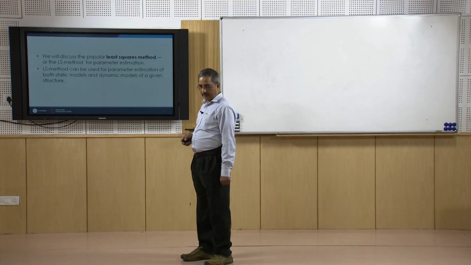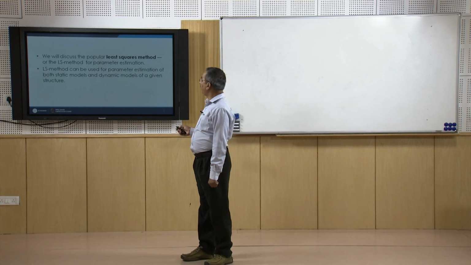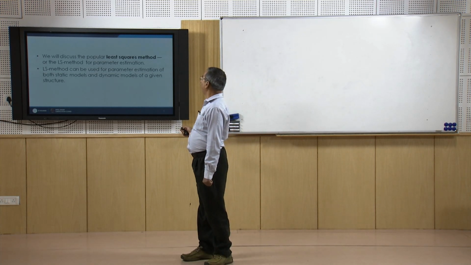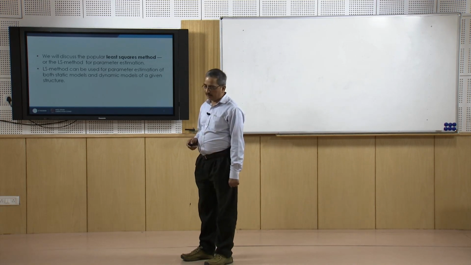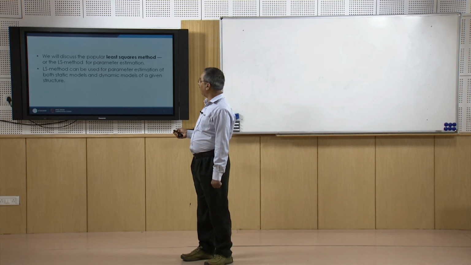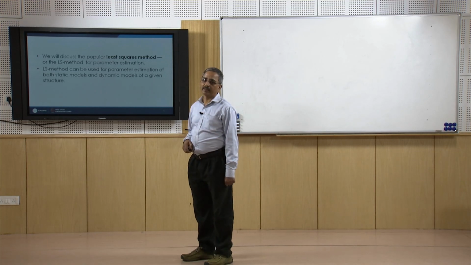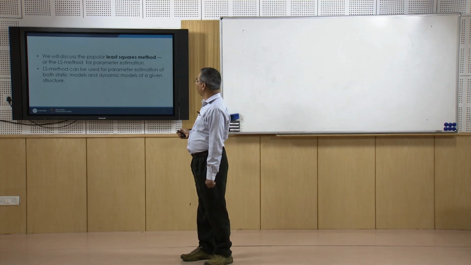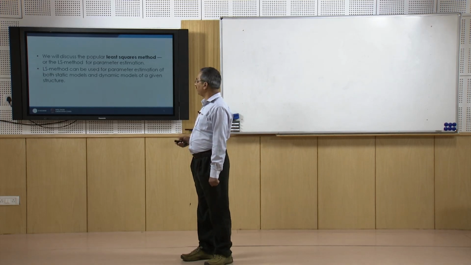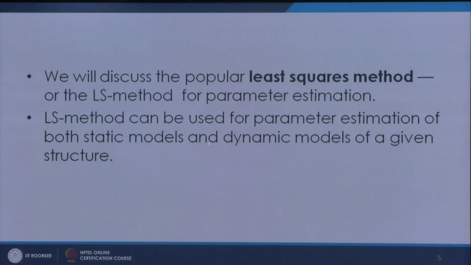In this lecture we will discuss the popular least square method, or in short the LS method, for parameter estimation. The least square method can be used for parameter estimation of both static models as well as dynamic models of a given structure.